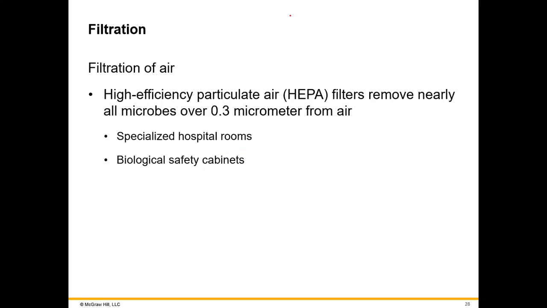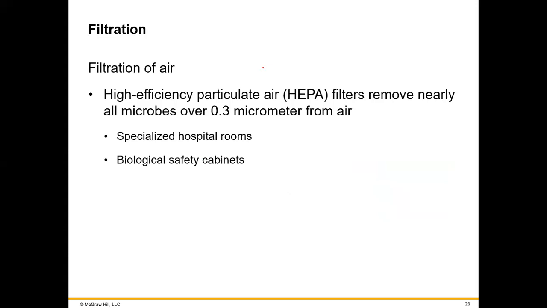You can also use this process to treat air, again with the high efficiency particulate air filter, the HEPA filter. Depending on how thick the filter is and how many layers are used, they can be quite effective at removing microbes over 0.3 micrometers from the air.